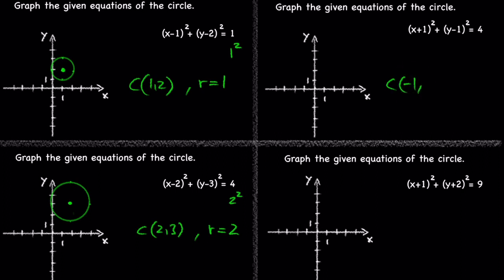Do you know why? Feel free to write the answer in the comments. So the center of the circle is negative 1, 1. And the radius is 2, because 2 squared is 4.